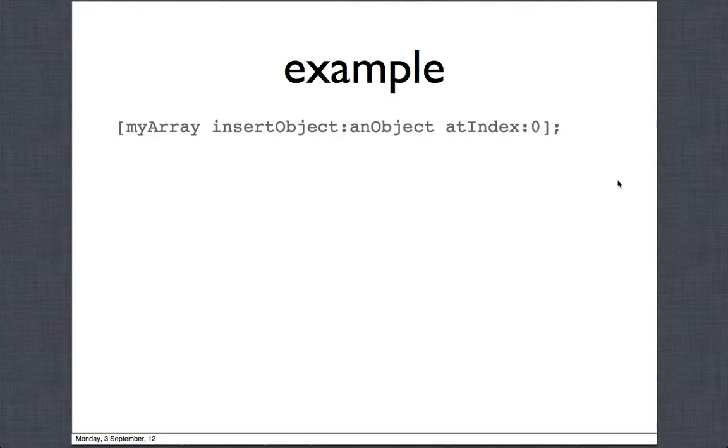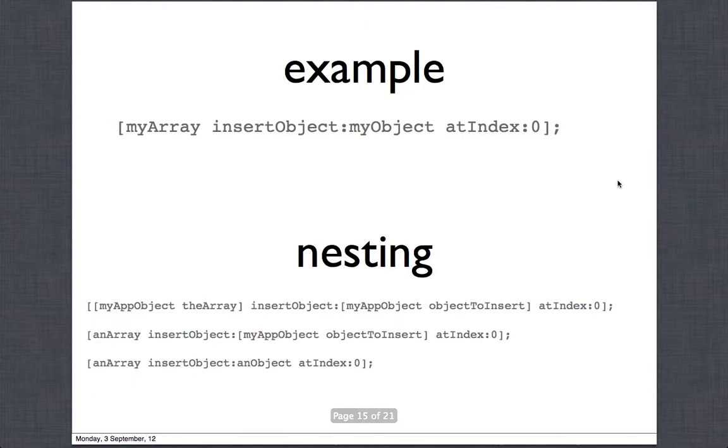So the good thing is that not only does the method messaging system make it easier to read, it also makes it easier to combine different messages, different calls. We call it nesting because we can put the return of some messages inside the call for another message. So in this example, consider we didn't have this myArray object yet.